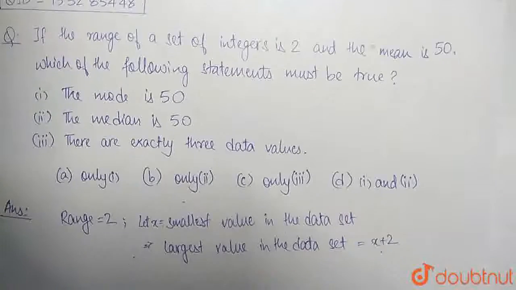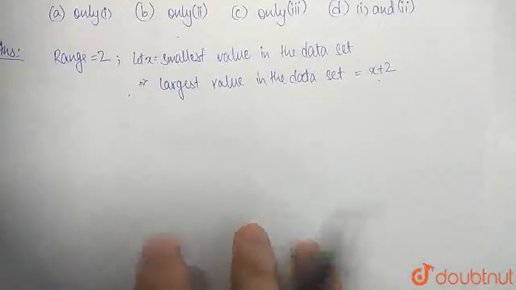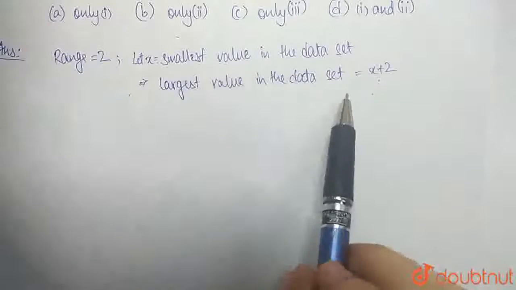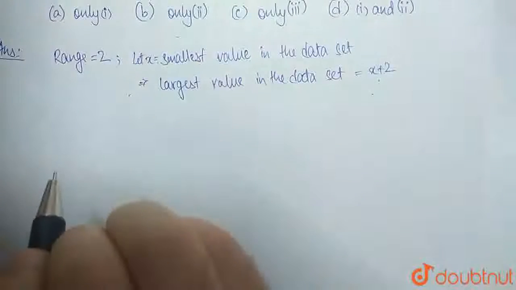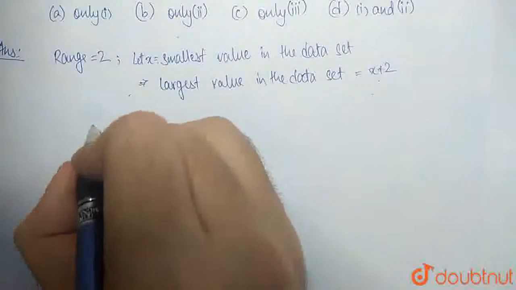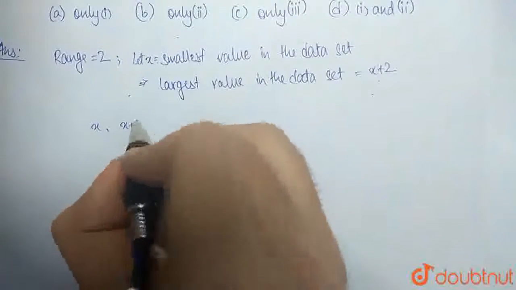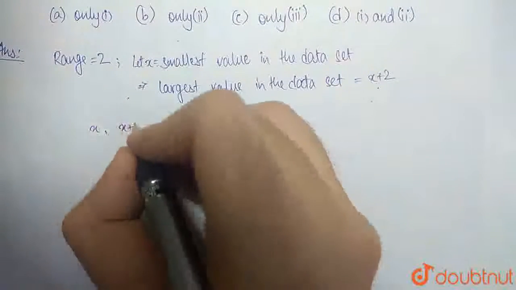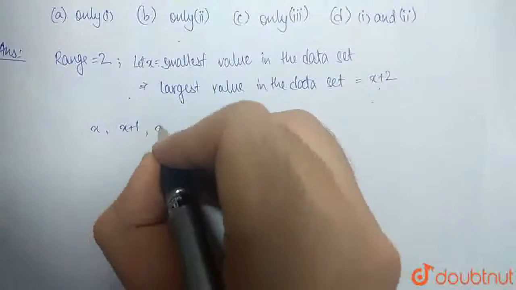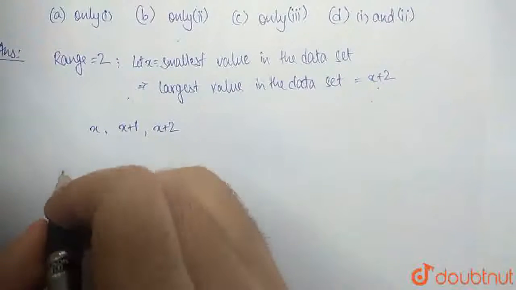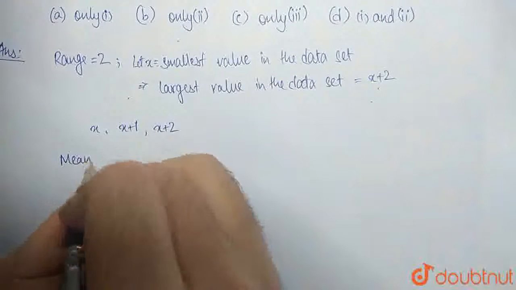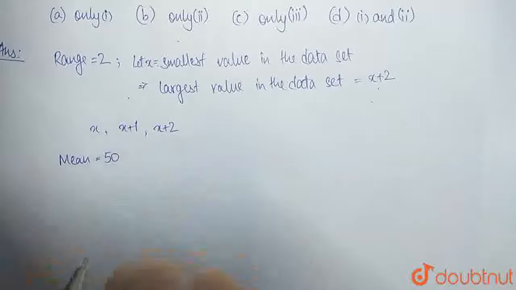We are also given that it is a set of integers. Now the only integer between these two values is x plus 1. Therefore the only values which could have been used in this dataset are x, x plus 1 and x plus 2, right? We are also given that the mean is 50.